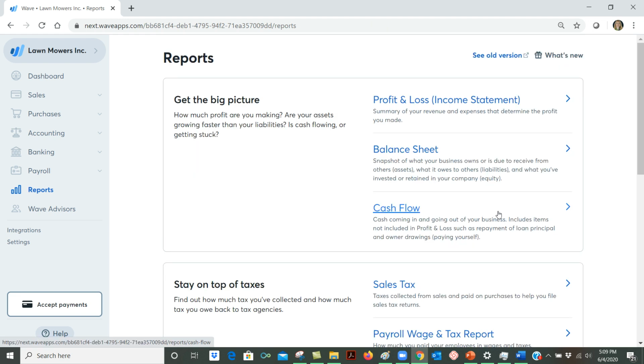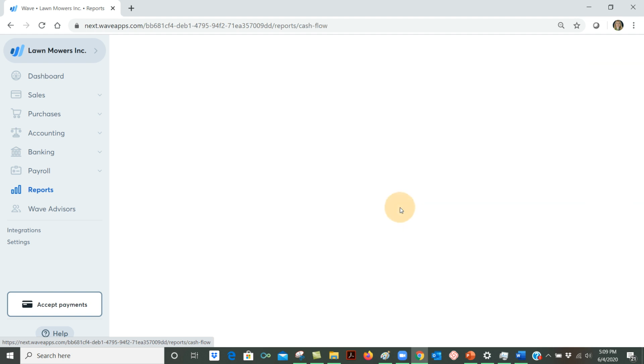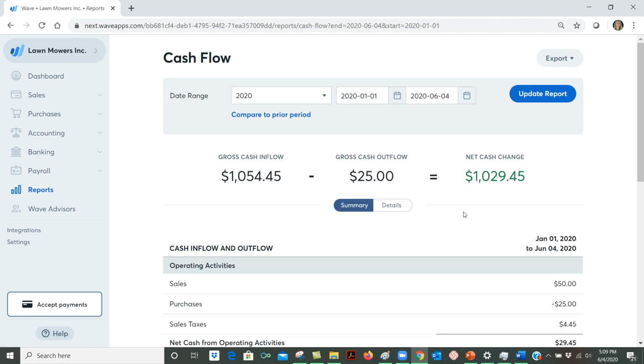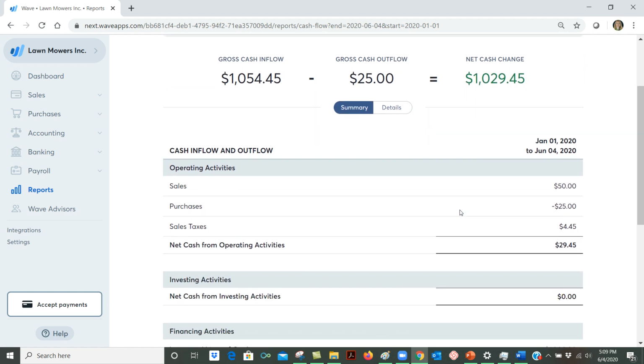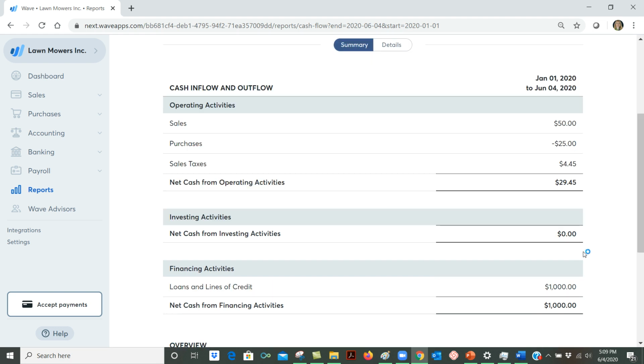Let's take a look at two more reports, starting with the cash flow report. This is important because we always have to manage our cash carefully to make sure we have enough cash to pay our bills. And so you can see that we have $29.45 net cash from our operating activities.